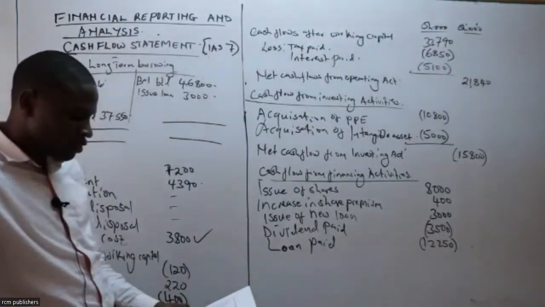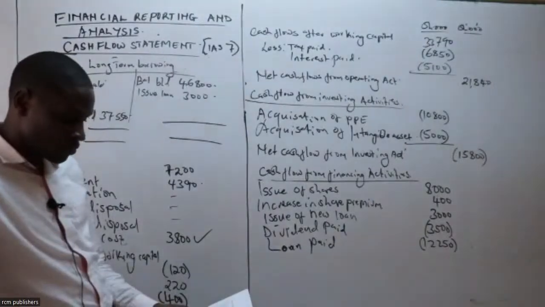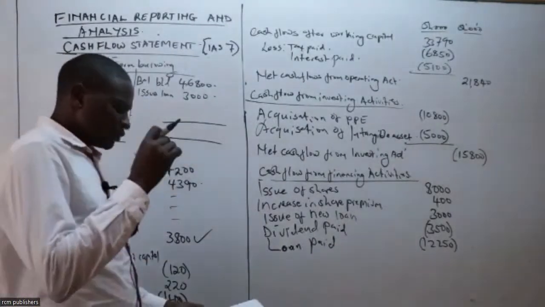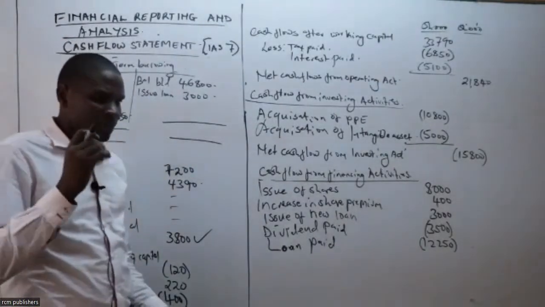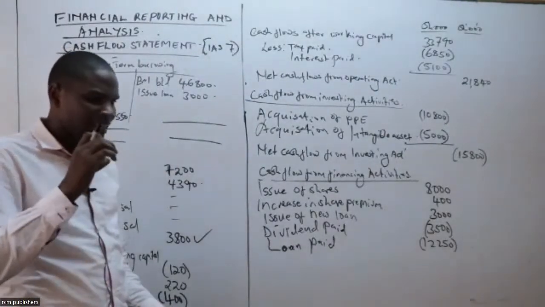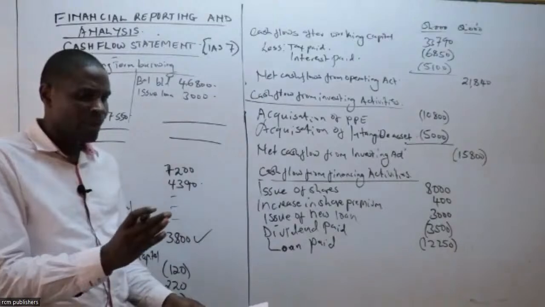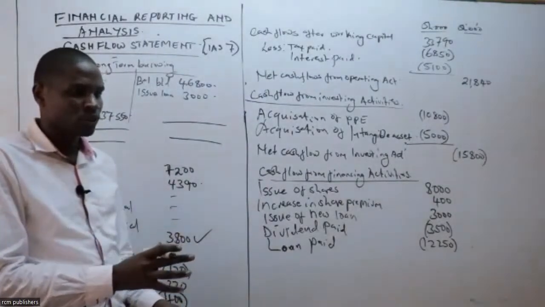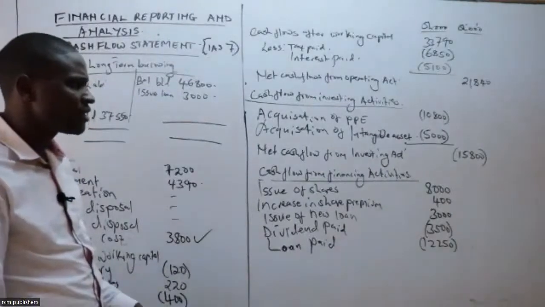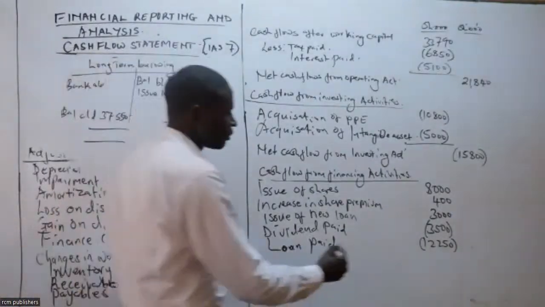The company does not make any transfer for excess depreciation upon revaluation. So the revaluation in the balance sheet will not affect us here, because you were told the company does not make any transfer. So there's no way the revaluation is linking us here. So in this case, I think that is all about our financing.